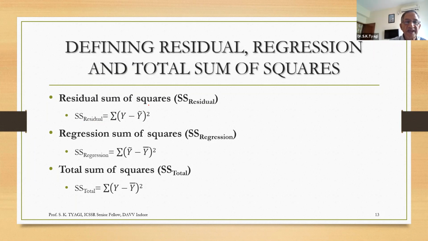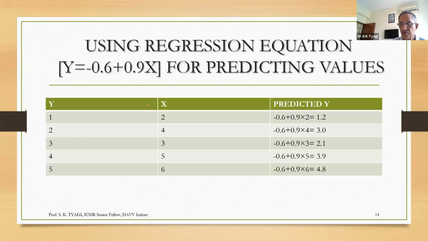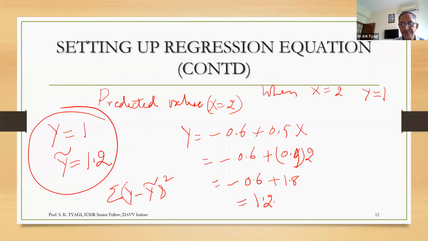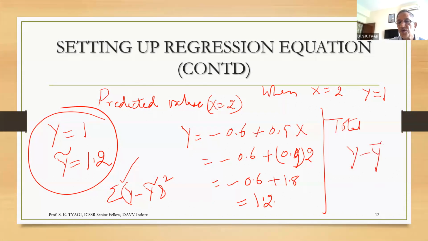Similarly, next is total sum of square. Total sum of square is the sum of y minus y mean, whole square.